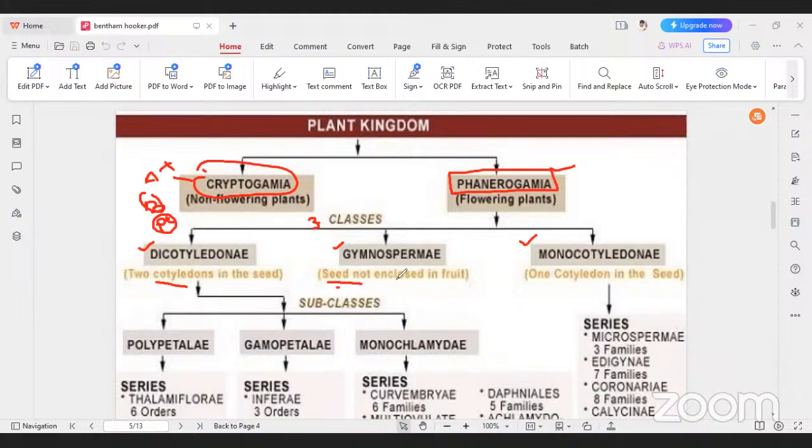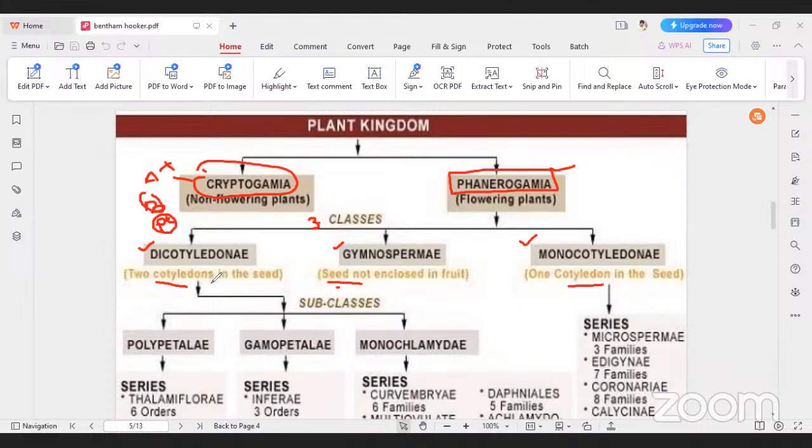That means seeds are present without fruit. Monocotyledons have one cotyledon in the seed, while two cotyledons in the seed is dicotyledon.